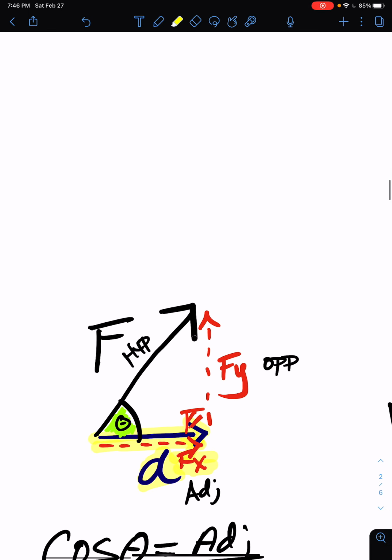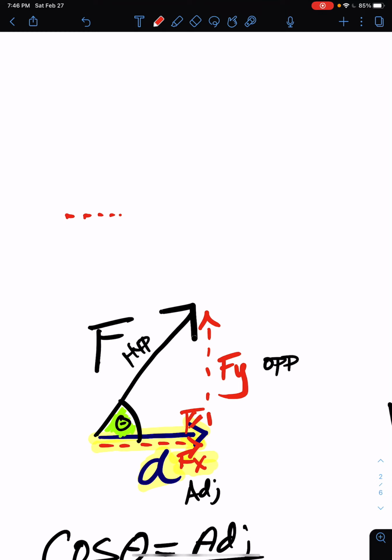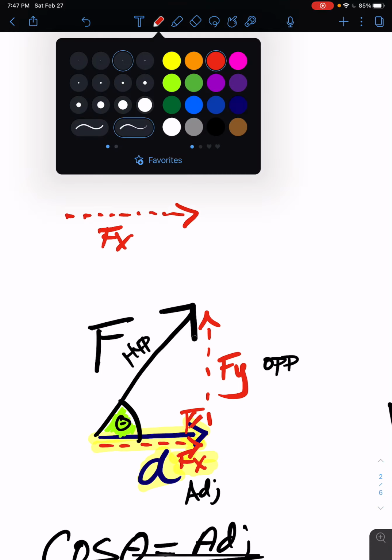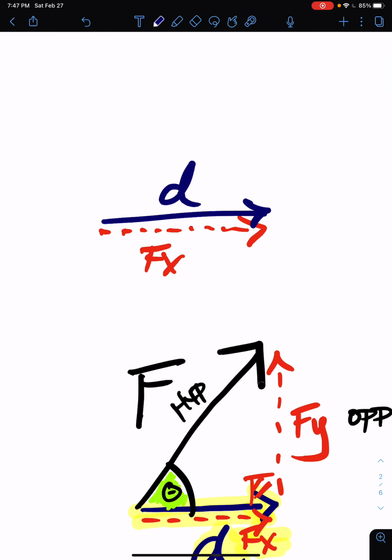So what I'm saying is you have F of x pointed like this, and you have d pointed like this. And that's when work happens. And you don't even have to worry about the angle if you know those two values.